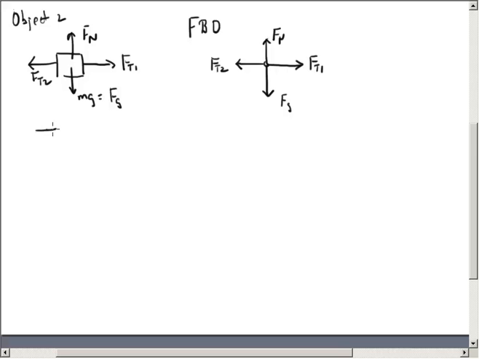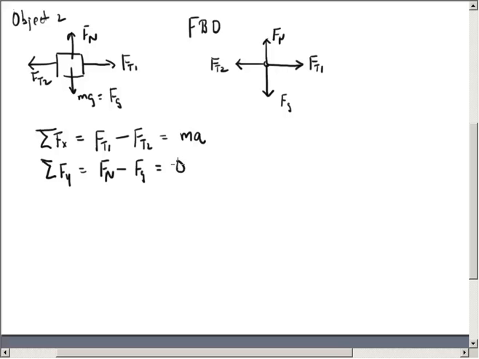So for the x-axis, the sum of the forces in the x direction will be equal to force of tension 1 minus the force of tension 2, and that'll be equal to mass times the acceleration. For the y direction, we have the sum of the forces in the y direction equal to normal force minus the force of gravity. And that's equal to 0 since it's not moving in the vertical direction.